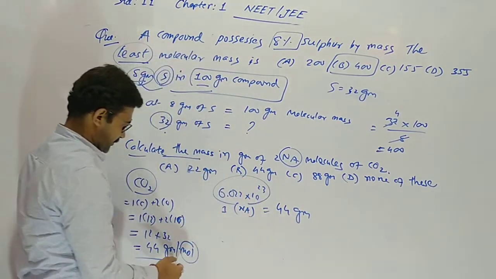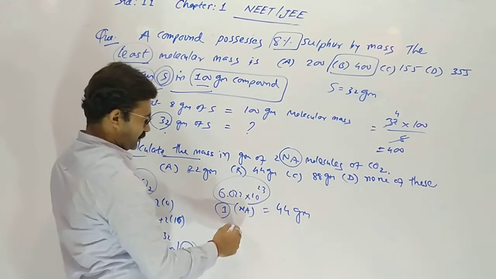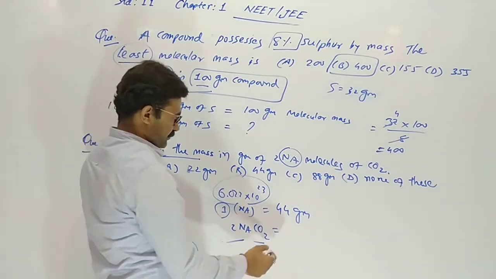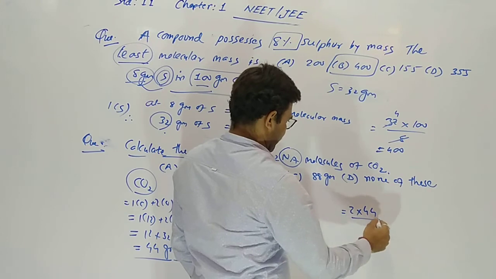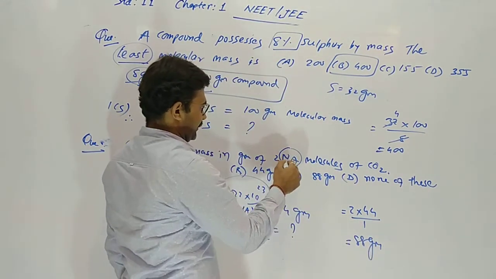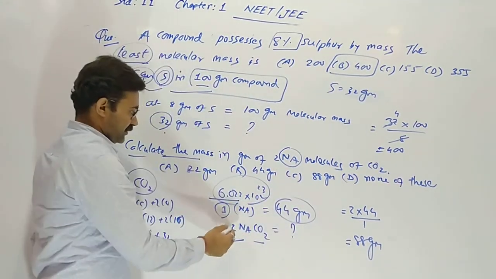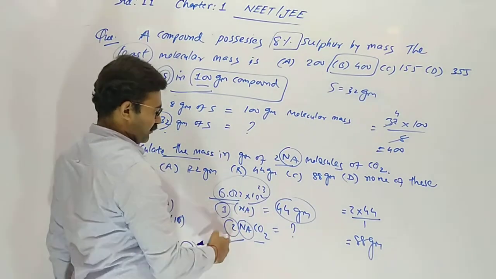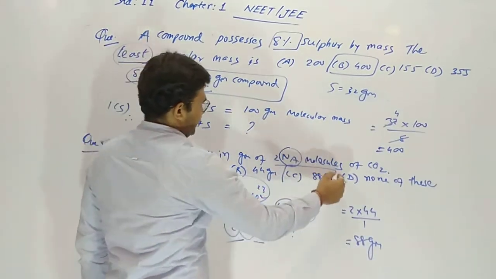So 2 Avogadro number molecules of CO2 is 2 into 44, so 88 gram. 2 Avogadro number of molecules means 2 mole. So 88 gram is our answer.